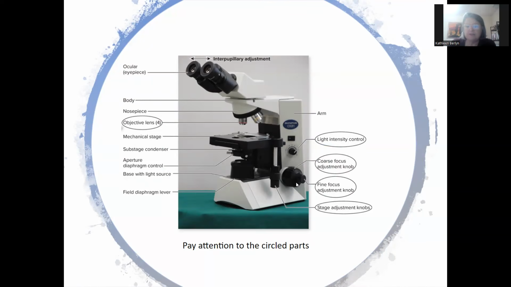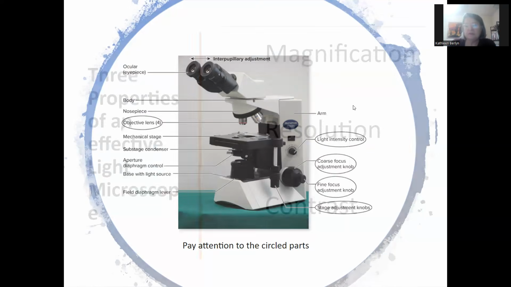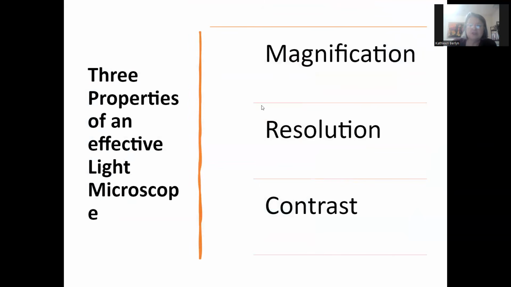We have the fine and coarse focus knobs as well that will enable you to focus on the specimen. So again, these are things you'll be learning in the actual laboratory and actually using, but you should be aware of these different things. So what are the properties of an effective light microscope? We want magnification, resolution, and contrast.